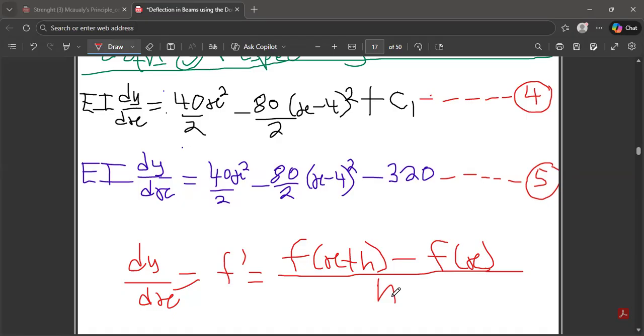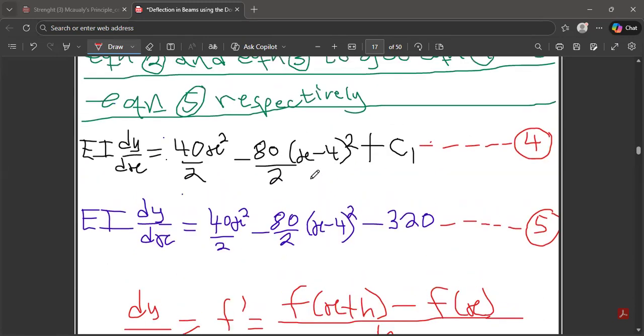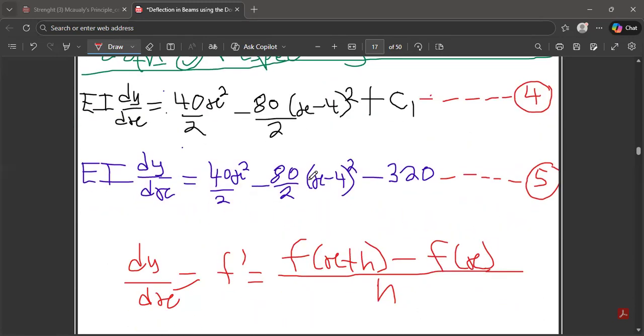If they say change in something, it means just the final one minus the initial one. So it is due to this relation, differentiation from Newton's first principle, that we are saying equation 2 and equation 5 are the slope equation.